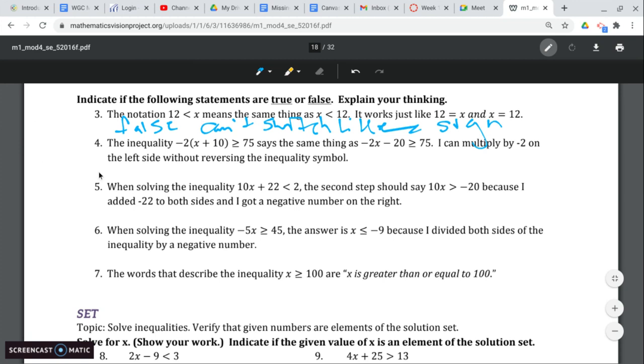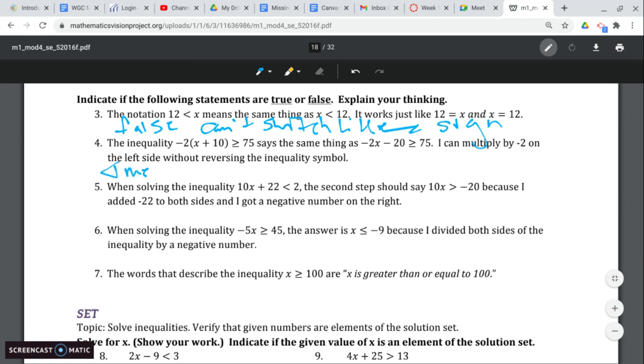For number 4, the inequality -2 times (x plus 10) is greater than or equal to 75 says the same thing as -2x minus 20 is greater than or equal to 75. I can multiply by -2 on the left side without reversing the inequality symbol. This is true.